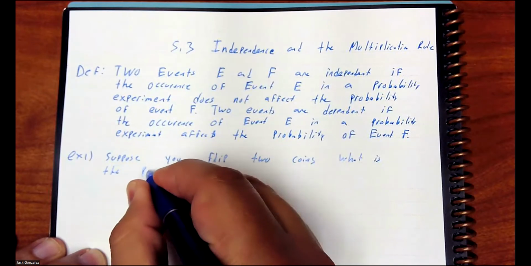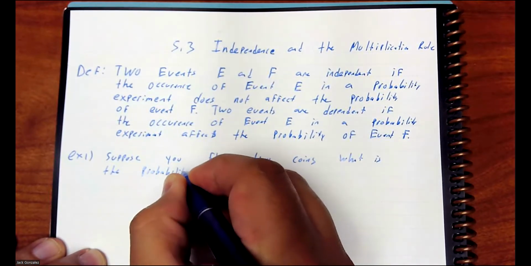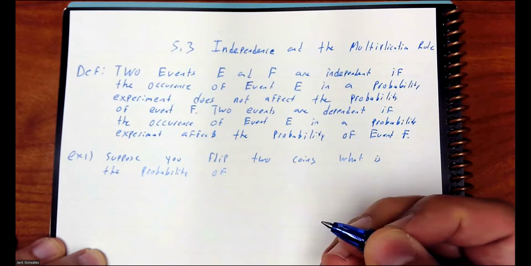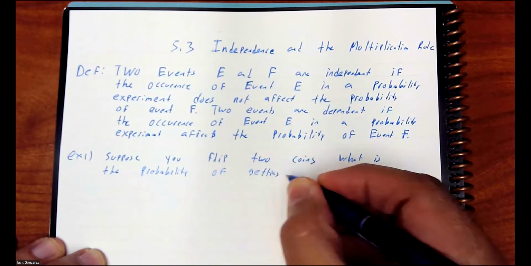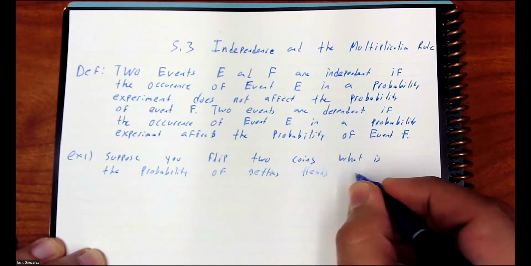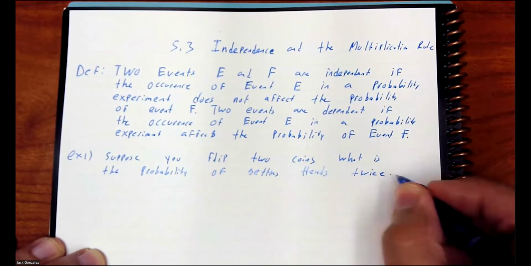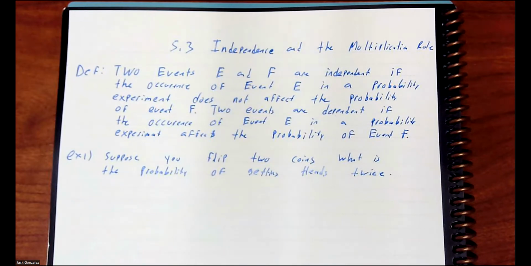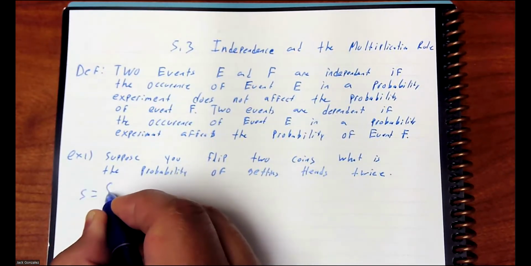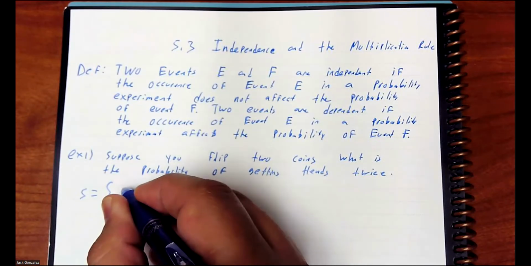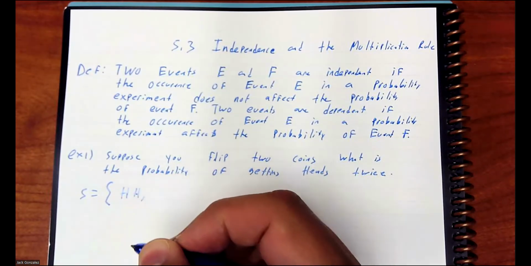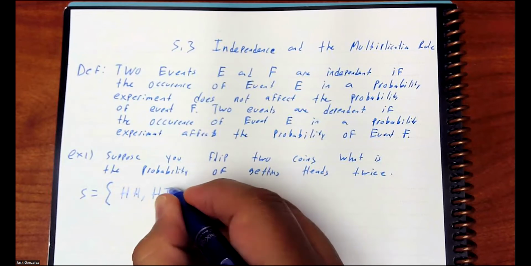What is the probability of getting heads twice? So first of all, what is every possible outcome of flipping 2 coins? Yeah, we can get heads twice, right? What else? Heads tails, okay.